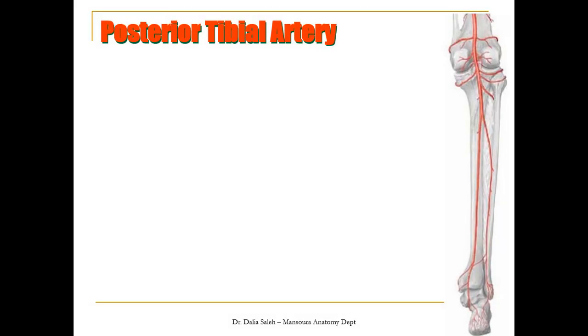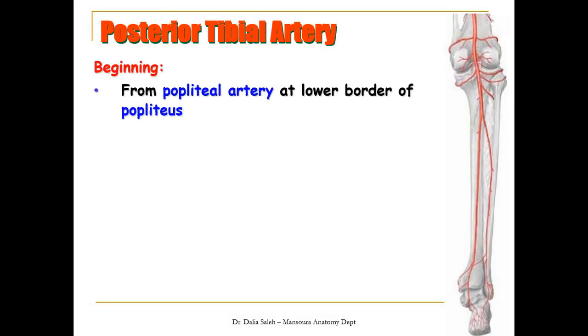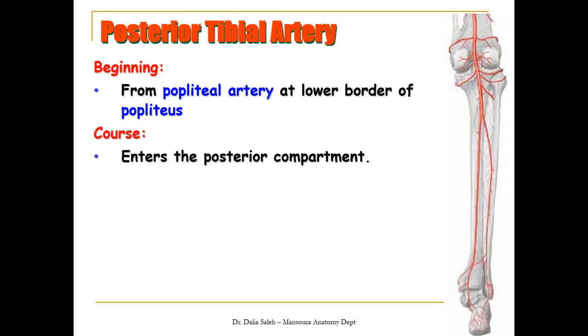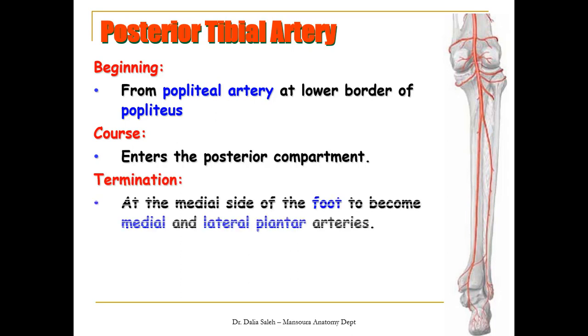While the posterior tibial artery begins as one of the two terminal divisions of the popliteal artery at the lower border of the popliteus muscle, it descends in the posterior compartment on the medial side close to the tibia and terminates at the medial side of the foot to become the medial and lateral plantar arteries.